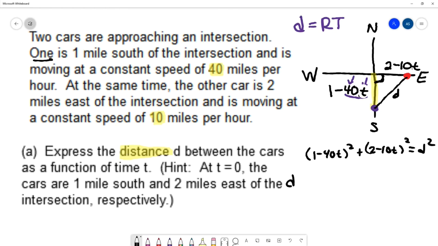And if I square root both sides, I get the formula: the square root of (1 minus 40t) squared plus (2 minus 10t) squared.